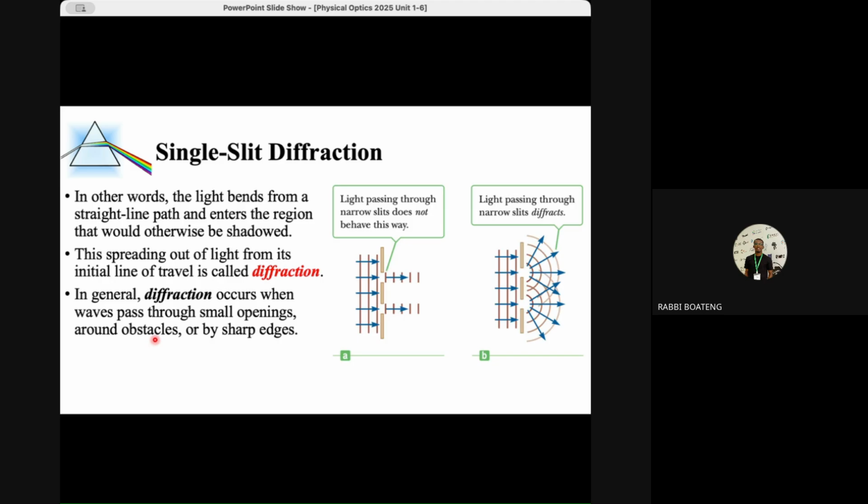When you see an obstacle, anything that is a hindrance, so you have a small opening to enter, or any sharp edges, diffraction may happen. So we should be expecting that anytime we pass light through a particular hole, either big or small, we should expect something we call what? Diffraction.